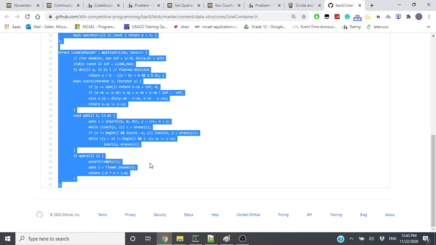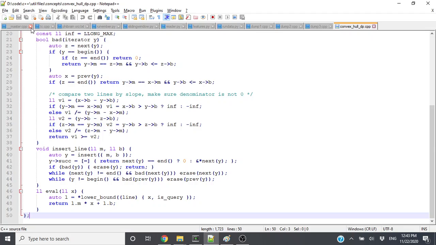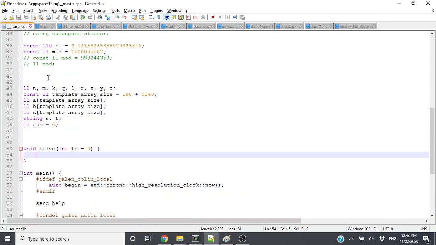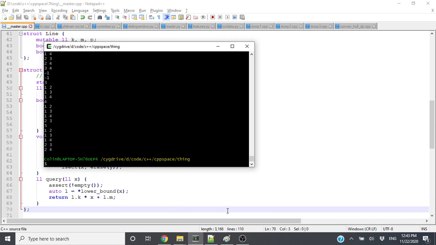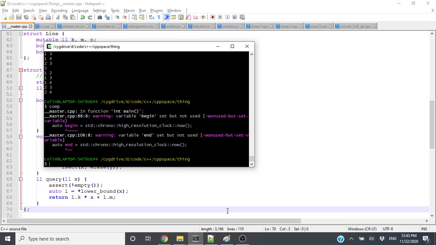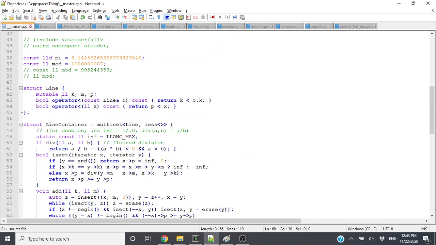I don't understand why this doesn't compile. Why does this not compile? Like I've copied this one before and it just dies. I don't understand why. I guess it does? Okay.